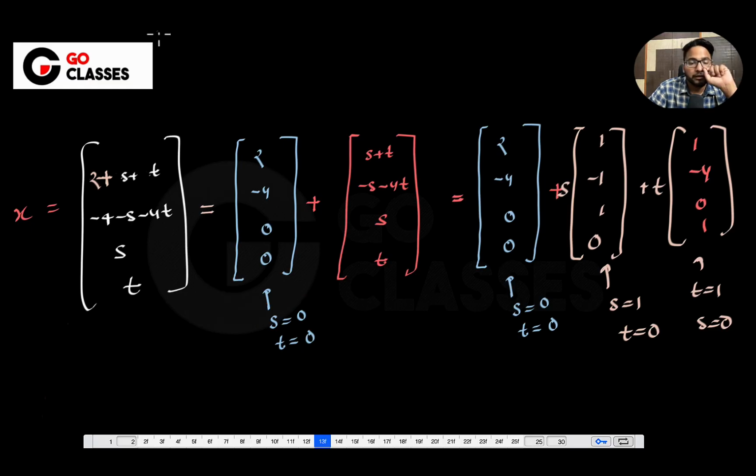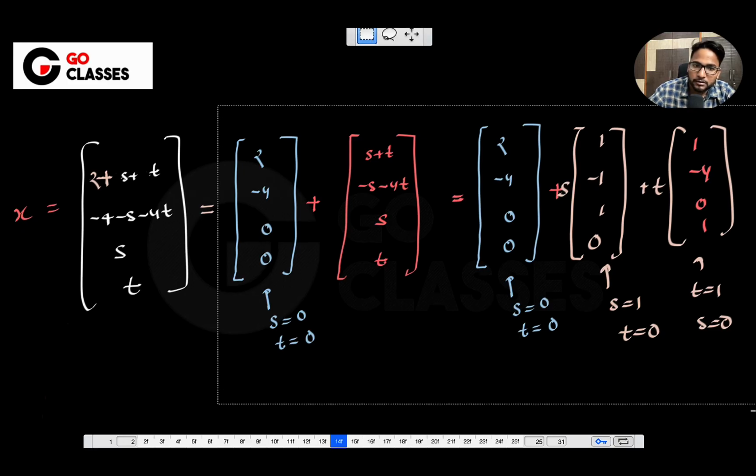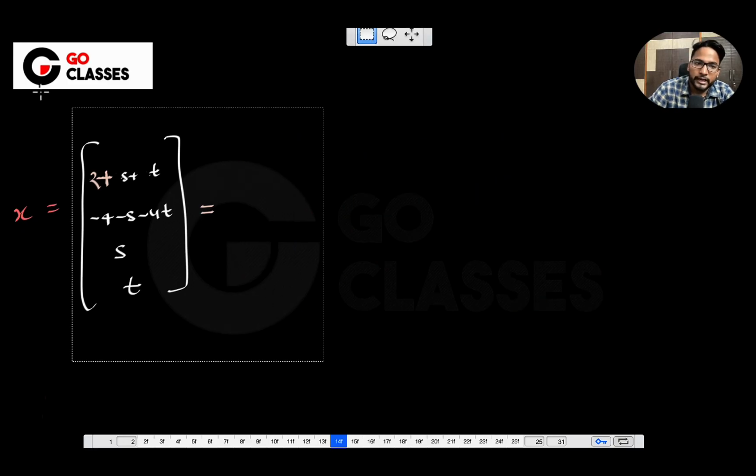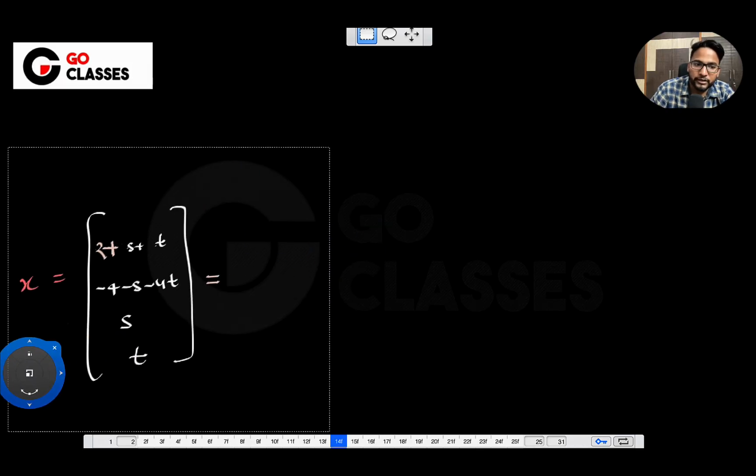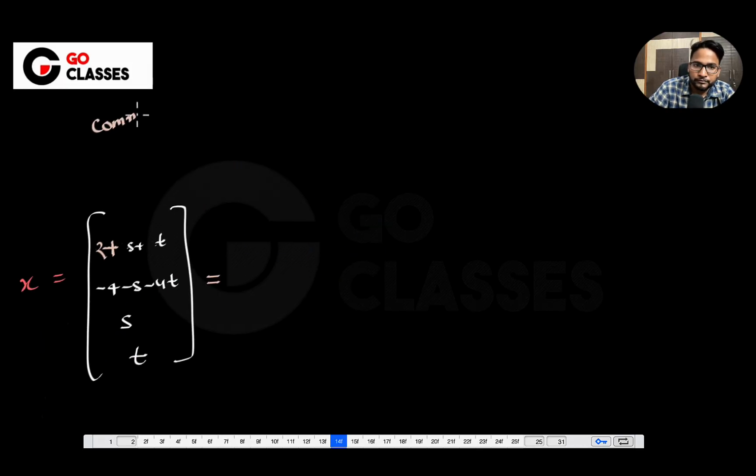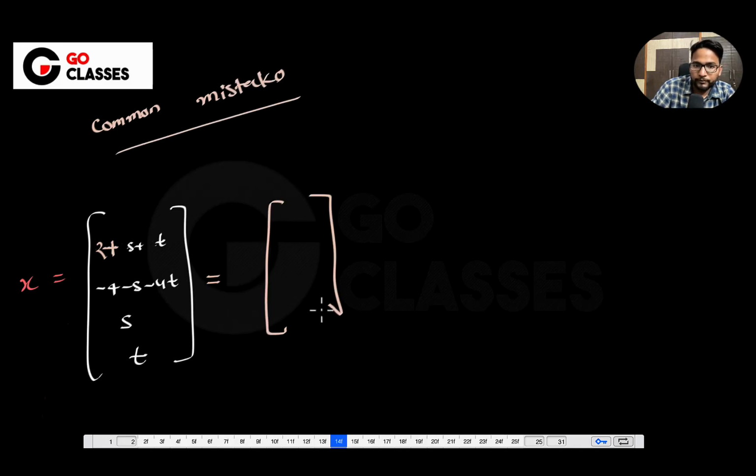See, one common mistake that you can make is this. Let me write the common mistake. This is not the actual answer, but this is the common mistake: you put all of them at 0 here, which means s equal to 0, t equal to 0, and then you get 2, minus 4, 0, 0.